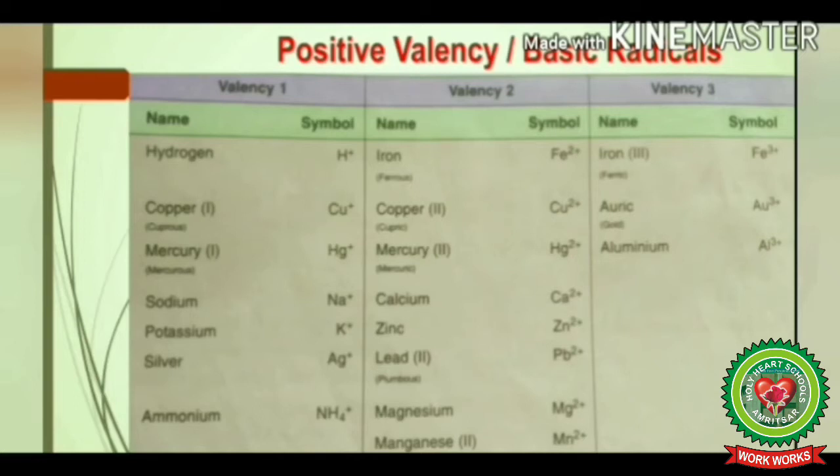Next, the elements which have +3 valency are iron Fe3+, auric Au3+, aluminium Al3+.